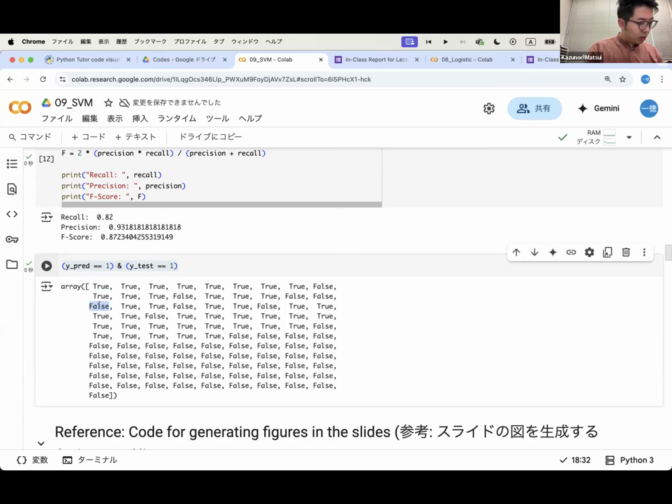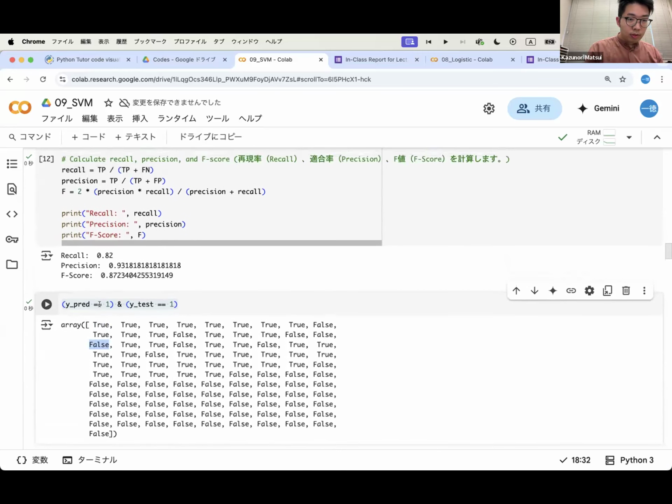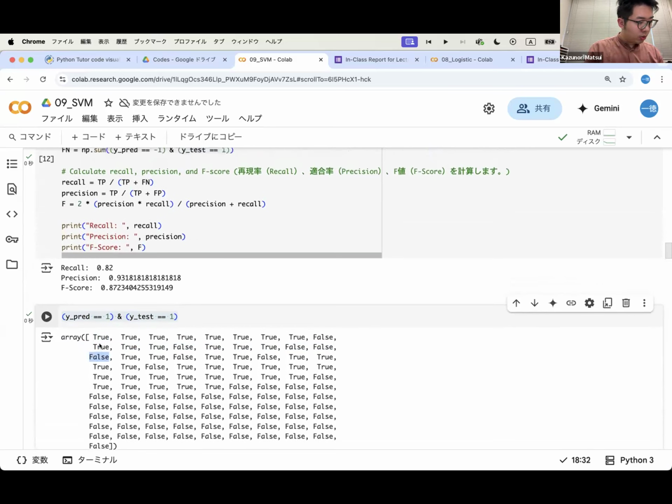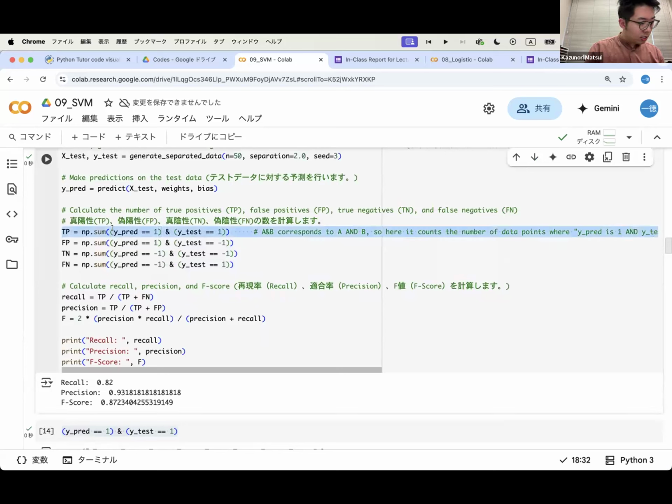This can be written like this. Since true corresponds to 1 and false corresponds to 0, we can calculate the number of true positives by calculating the sum of these.